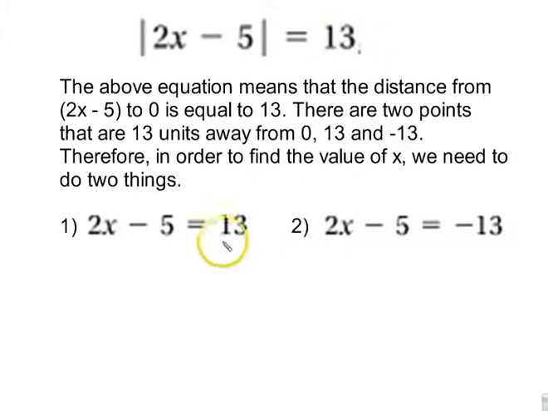So what you see is we're doing 2 different things. We take the stuff inside the absolute value, and we set it equal to the positive distance, and we set it equal to the negative distance. You see how we have the absolute value all by itself. There's nothing else being added or subtracted. So that's how we're going to go through the process of doing these. That's why there are 2 different things needed to be done.